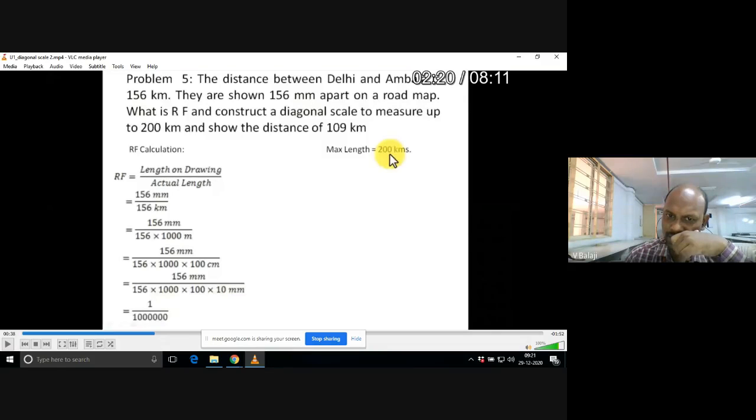You can think. There is no particular rule on how many parts to divide into, but generally we go by the maximum length to be measured. If it is 10 kilometers or less, we can directly divide into 10 parts. But this is more than 10 kilometers. If you take 200 parts, it is very lengthy.